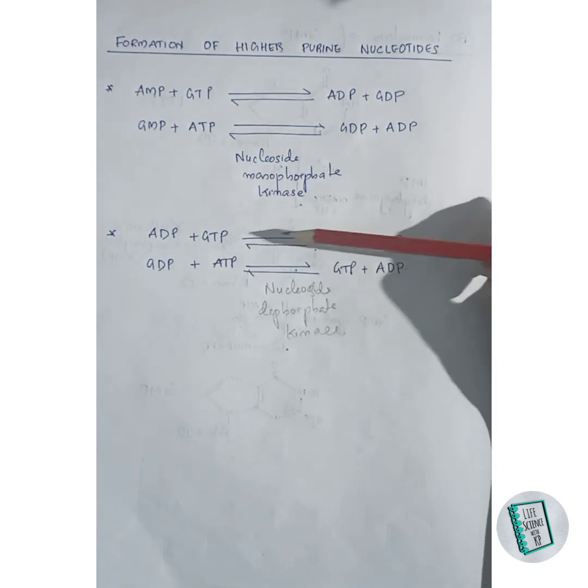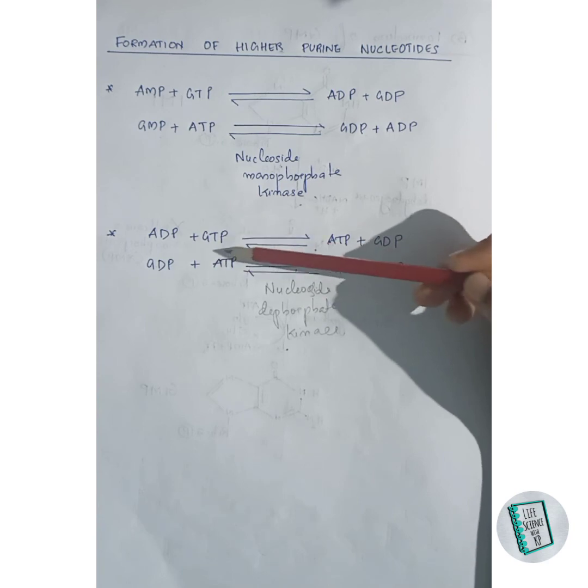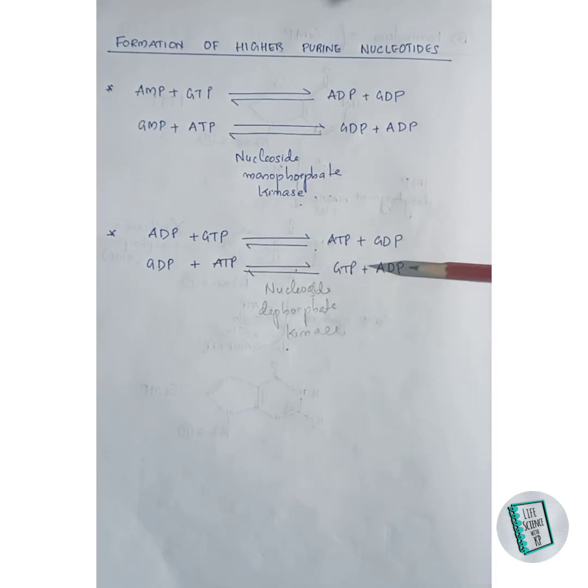So after phosphorylating, these GTP and ATP get converted to GDP and ADP. So these are the two enzymes that convert the monophosphates to diphosphates and triphosphates. So this is all about the de novo synthesis of purine nucleotides.